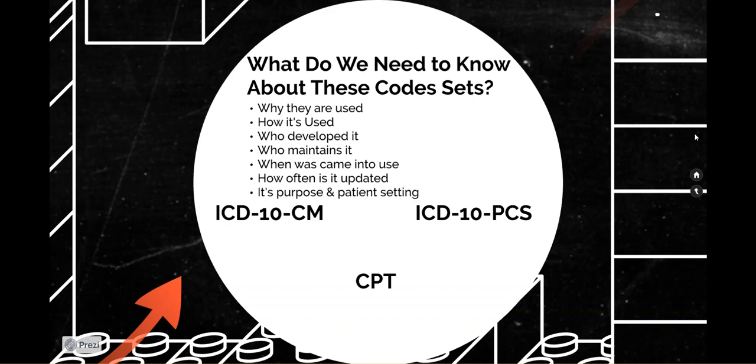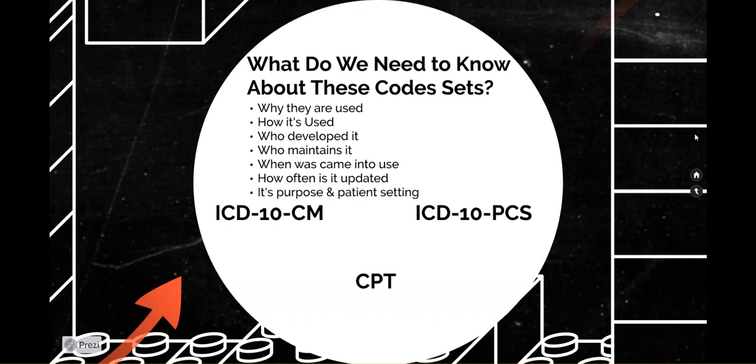We know that ICD-10-CM is diagnosis coding and that ICD-10-PCS is procedural coding, but in the inpatient setting only, and that CPT is procedural coding as well, as long as physician services, and that the procedural coding only occurs in the outpatient services.